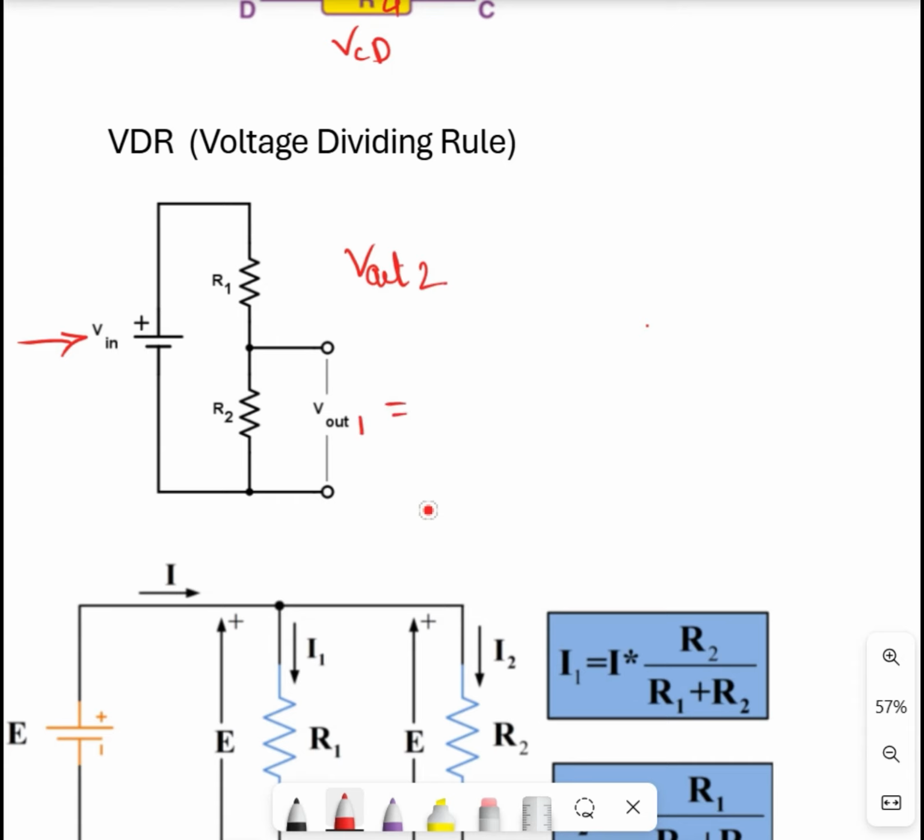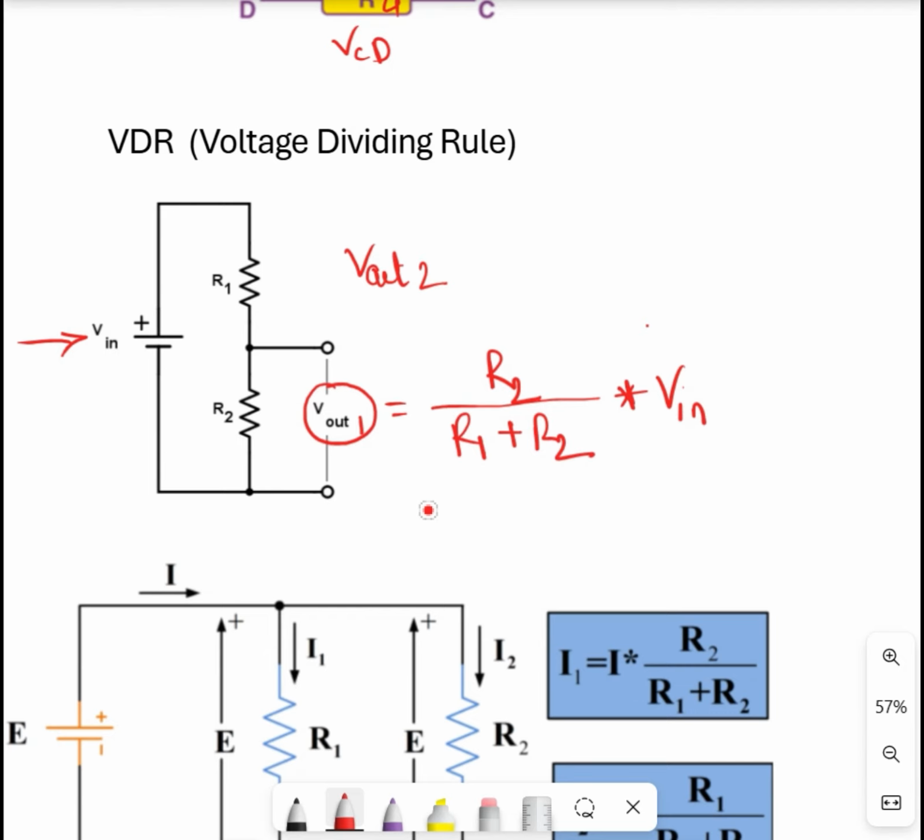So V out 1 is equal to, we could write down the total resistance here. One is R1, another one is R2. So let's write down R1 plus R2, and we have to find the value with respect to this resistor. So definitely this R2, and here the V in.